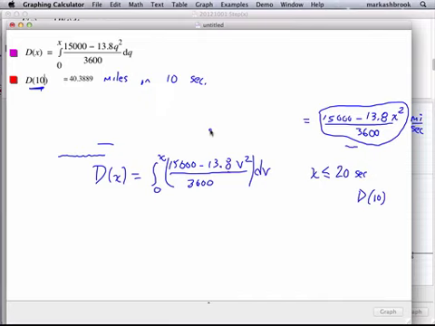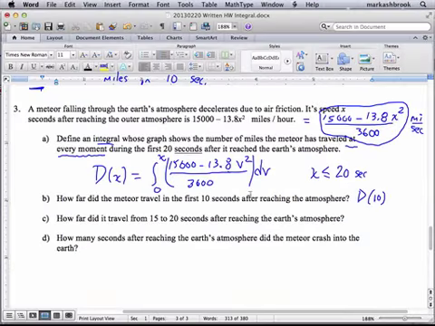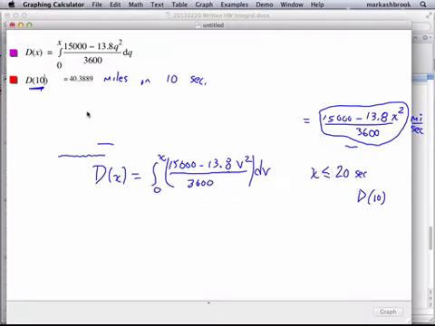Next question. How far did it travel from 15 to 20? How can I get how far it went from 15 to 20 seconds? I could do d of 20 minus d of 15.